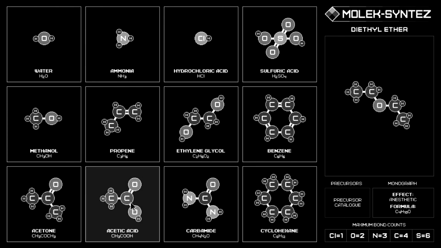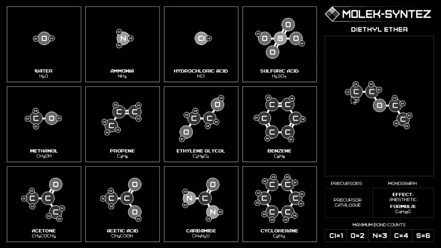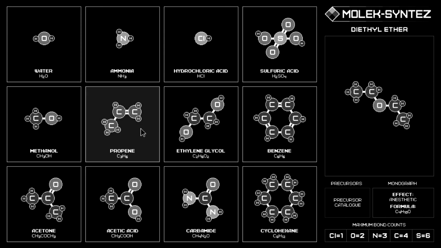Thinking acetic acid, and then for this half, right? We just gotta get rid of the oxygen double bond, and then I need 2 carbons with lots of hydrogen on them, which we can get from the propene. It's just we have to break this double bond here.